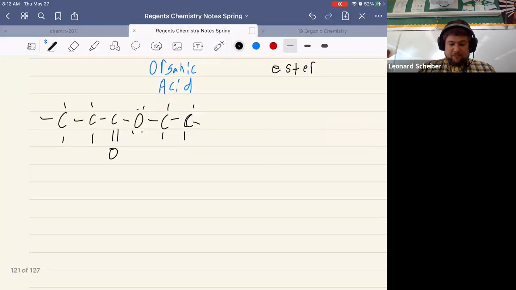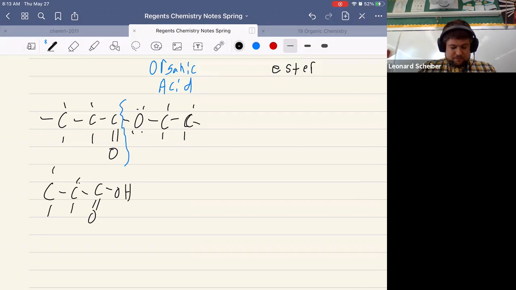So we can break that part up, not completely, but break it up into my organic acid is C to C to C, double bonded O to O, H. The other is my alcohol, and I can see that in my alcohol, there are 2 carbons. So it's going to be a 2-carbon alcohol, OH.